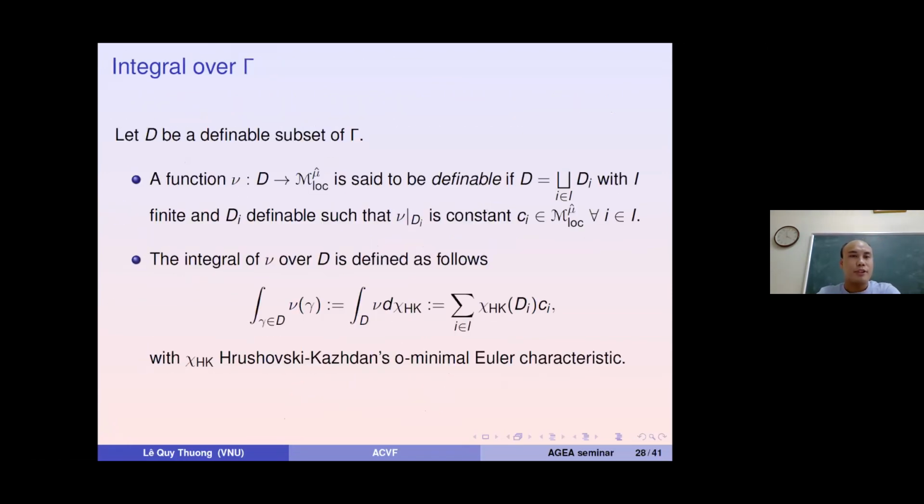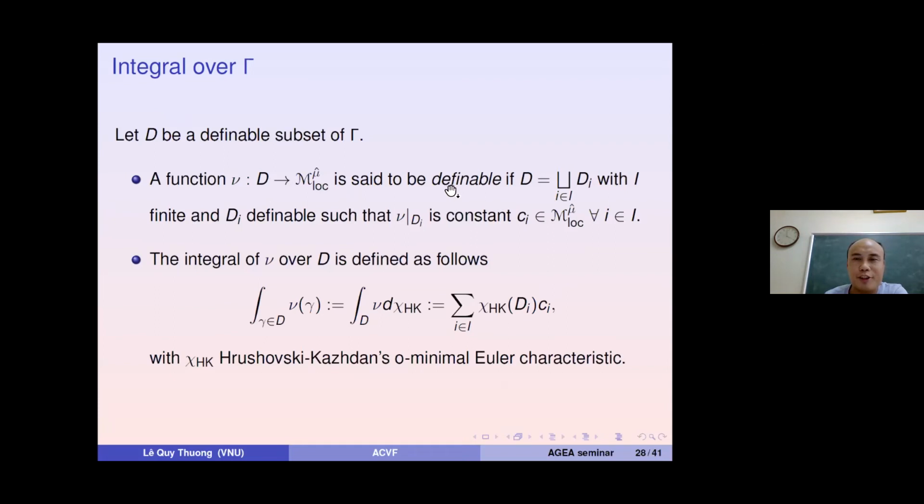Now I mention the integral over gamma, and we consider functions of this type from the definable subsets of gamma to the quotient ring of varieties.